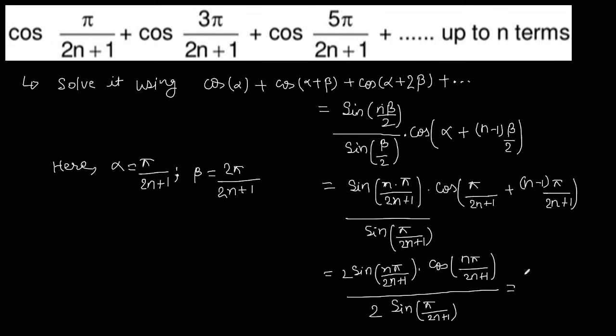This is sine 2n pi by 2n plus 1 whole divided by 2 sine pi upon 2n plus 1. So I think if you add this angle and this angle, we are going to get pi. So overall, if you cancel it, it is 1 by 2. Got it? Let's move ahead.